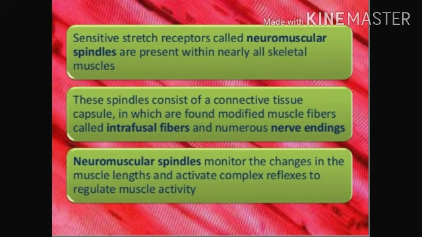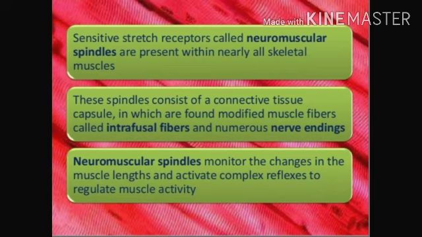Okay. Next are the sensitive stretch receptors called neuromuscular spindles, which are present within nearly all skeletal muscles. These spindles consist of a connective tissue capsule containing modified muscle fibers called intrafusal fibers, with numerous nerve endings.